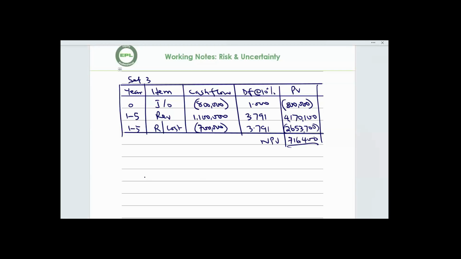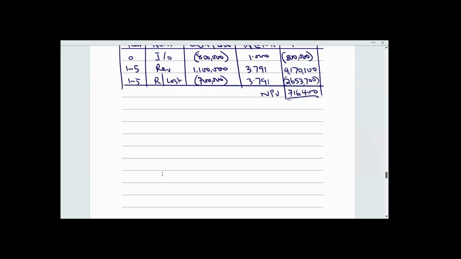Okay, now we have computed NPV for each set. You are supposed to calculate only one NPV. Here you have calculated 3 different NPVs. Therefore, you need to find the average of your NPV.